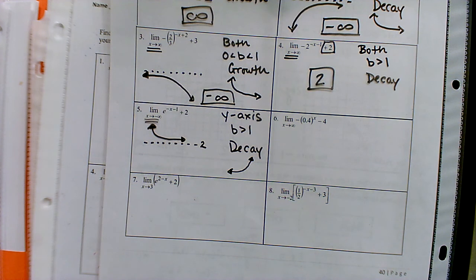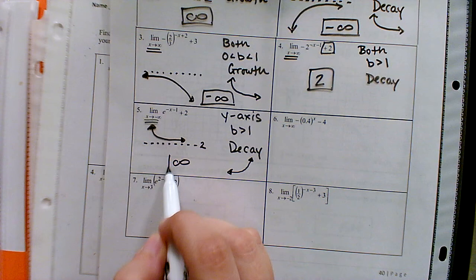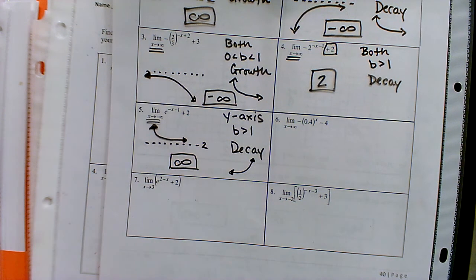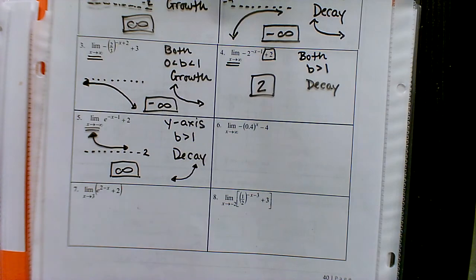Based off of that rough sketch, as we go towards the left, our exponential function is going to approach positive infinity. You guys want to try number 6? See how you do?